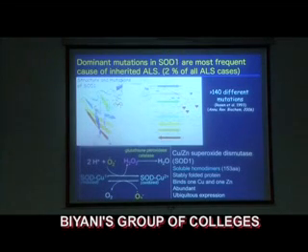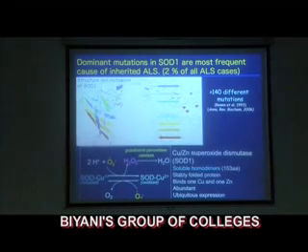Dominant mutations in SOD1 are the most frequent cause of inherited ALS, and account for 2% of all ALS cases. SOD1 is an enzyme that detoxifies superoxide radicals. It converts them to hydrogen peroxide, and with the help of other enzymes, eventually to water. This protein is only 153 amino acids, a very small protein, and forms homodimers.